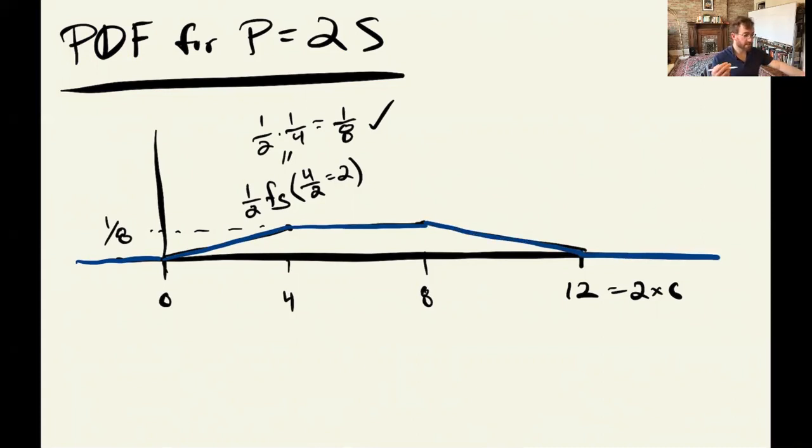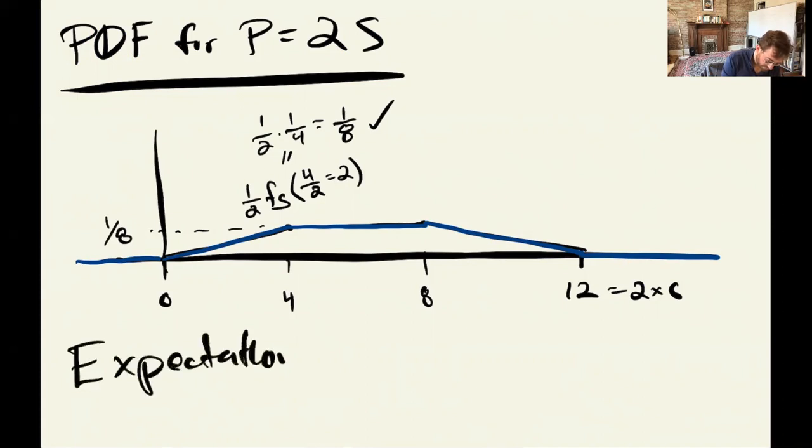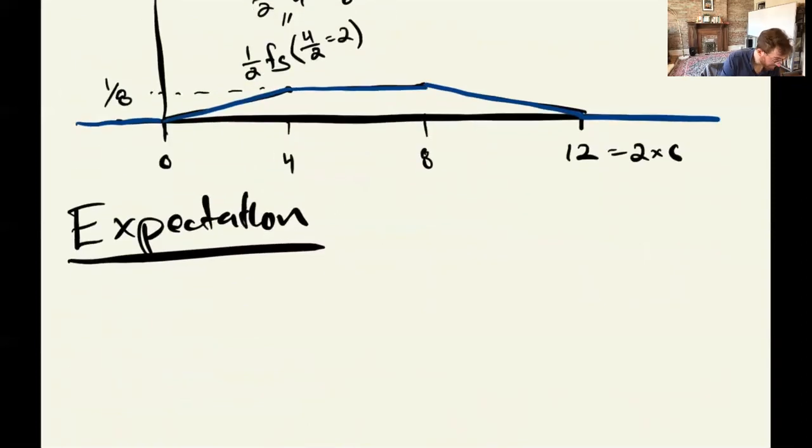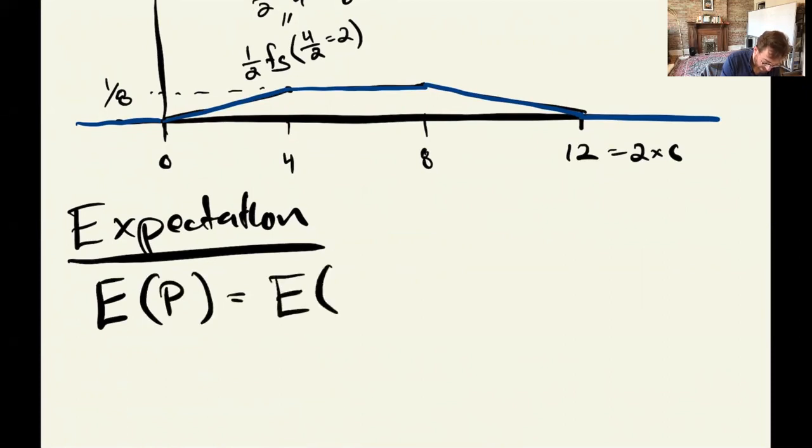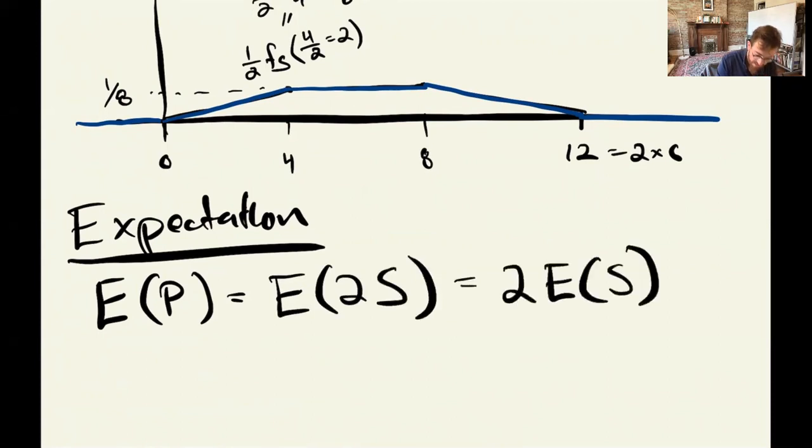Now, if we want to do things like compute the expectation and such, we're in luck because things like that are easier. So let's do expectation real quick. So we know that the expected perimeter is the same thing as the expectation of 2S, which is by linearity of expectation, 2 times the expected sum. But what is the expected sum?